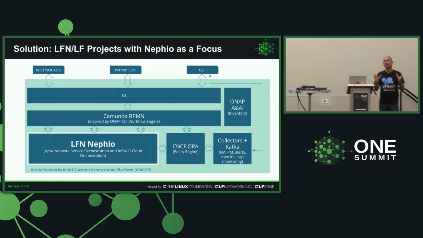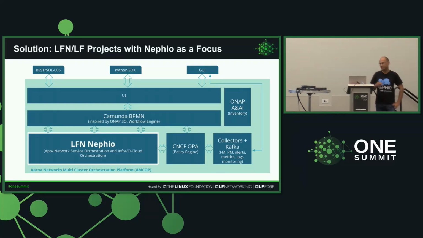Increasingly, we feel that Nephio can handle all the dependencies, et cetera, so the job of a workflow manager is minimized. But there are some exceptional situations where you do need a workflow engine, so we have that. For inventory, we use a project from ONAP called AAI, Active and Available Inventory.